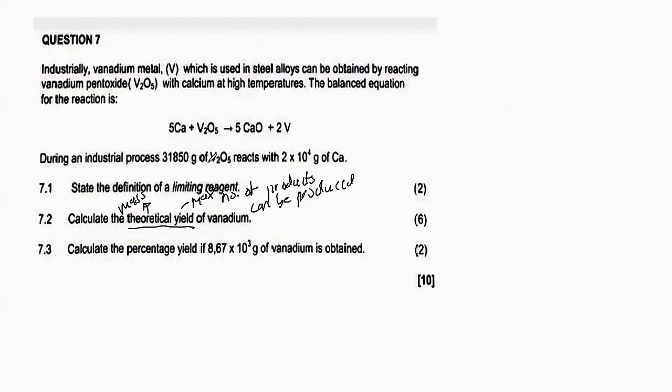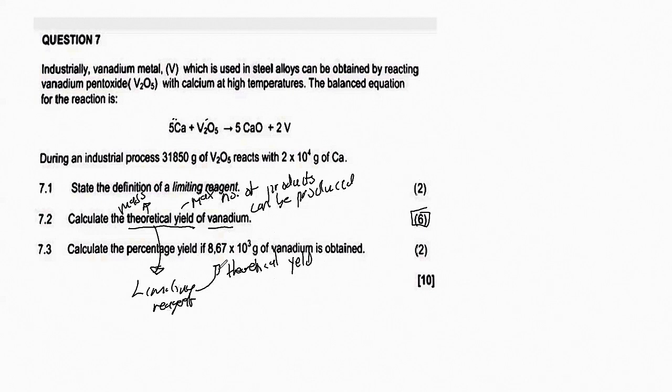But then one important thing to note again, this is 6 marks, meaning that in order for us to get to the theoretical yield, we first need to determine between these two reactants which one will be the limiting reagent, right? The limiting reagent will lead us to the theoretical yield, because now we have to compare the ratio of the limiting reagent to the ratio of the product that we are calculating the theoretical yield for, right?